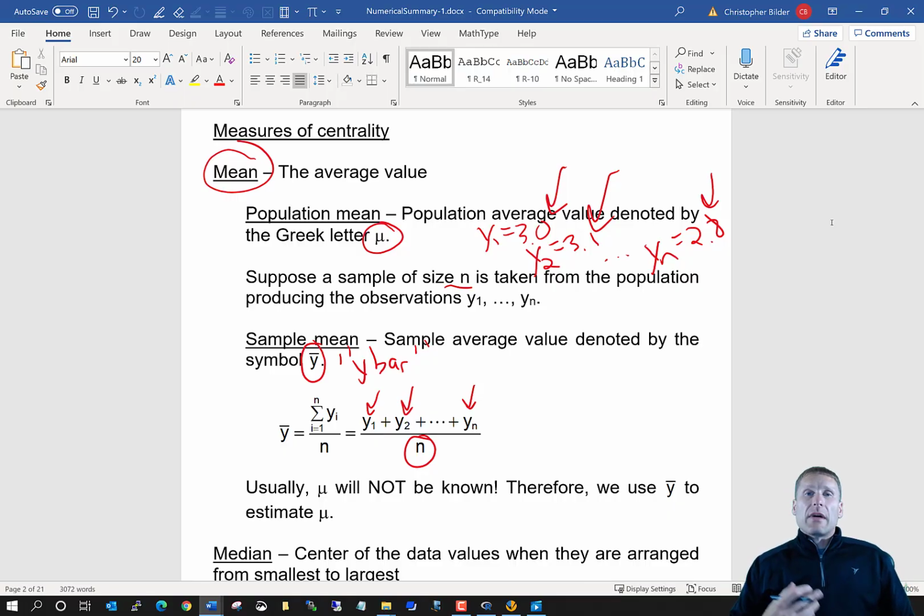In a more compact, more general way, we can use summation notation that you would learn about first in an algebra class. We take the sum from i equals 1 to n of y sub i, divided by n. That's our y bar. Again, the purpose of y bar is to estimate mu.